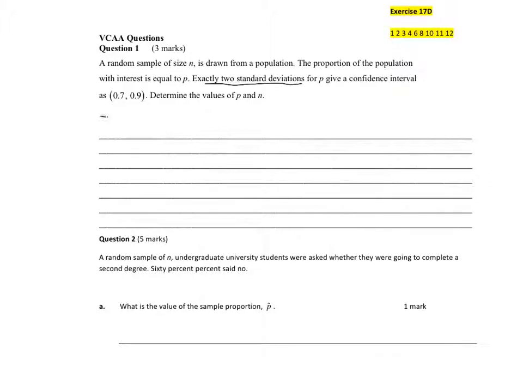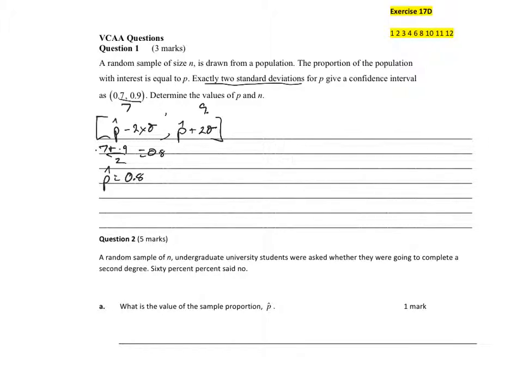So what we do know is that p hat minus 2 times the standard deviation, p hat plus 2 times the standard deviation gives me 0.7 to 0.9. So clearly our p hat value is going to be halfway between those 2 points. So 0.7 plus 0.9 over 2 is equal to 0.8. So our p hat is 0.8.